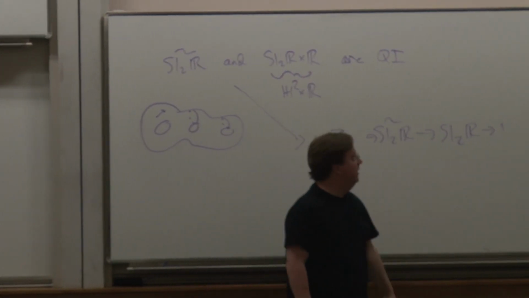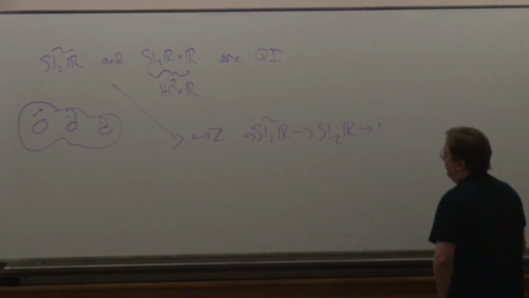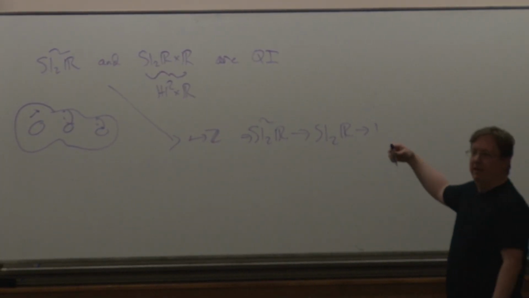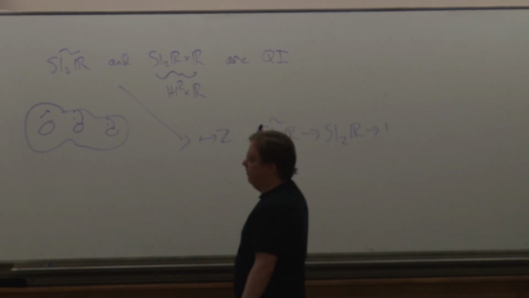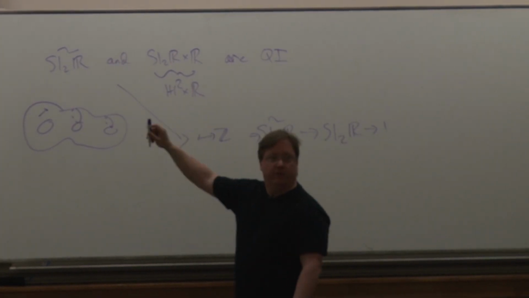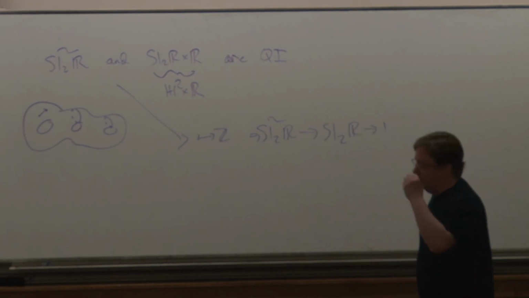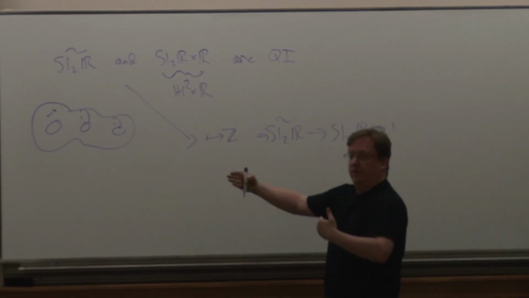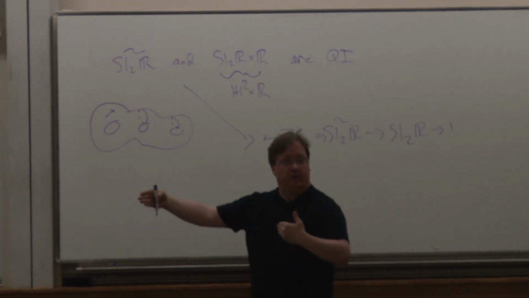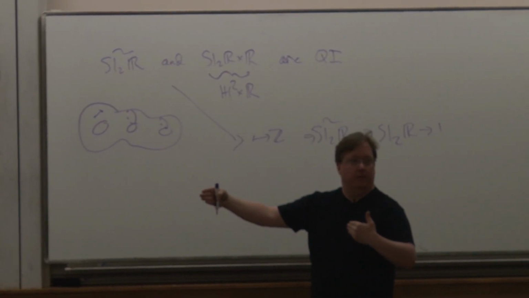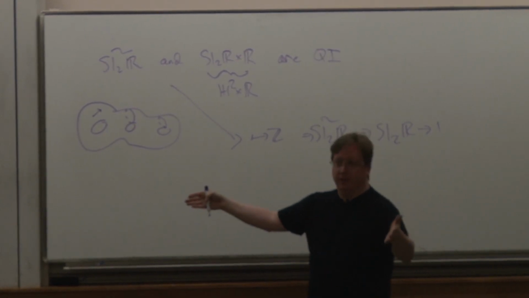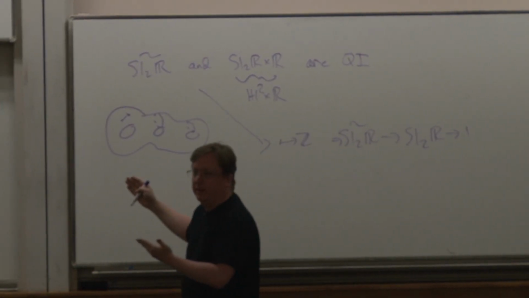And this is actually another common source of trouble. Things with center and things that behave like center are really problematic from the QI point of view. The simplest explanation is that when you translate by an element of the center, you get an isometry of your group, but it's also a bounded distance from the identity. It's like a translation on the real line. It just moves every point some fixed amount.